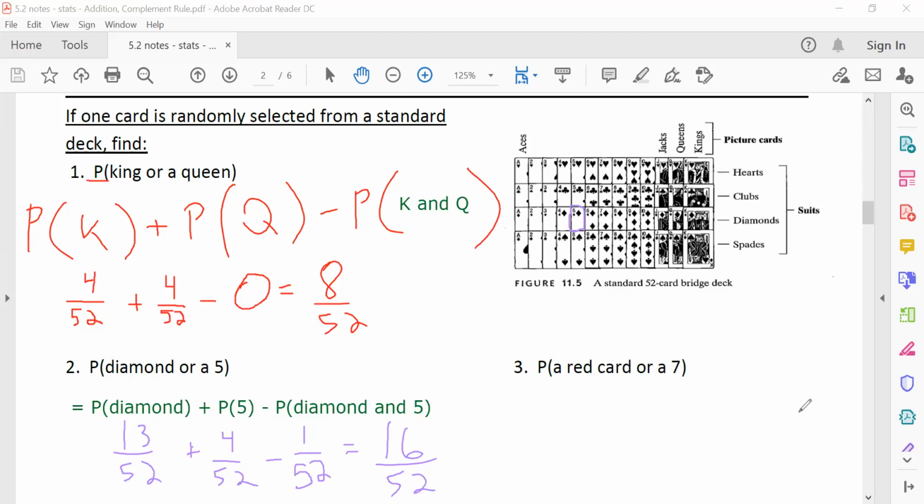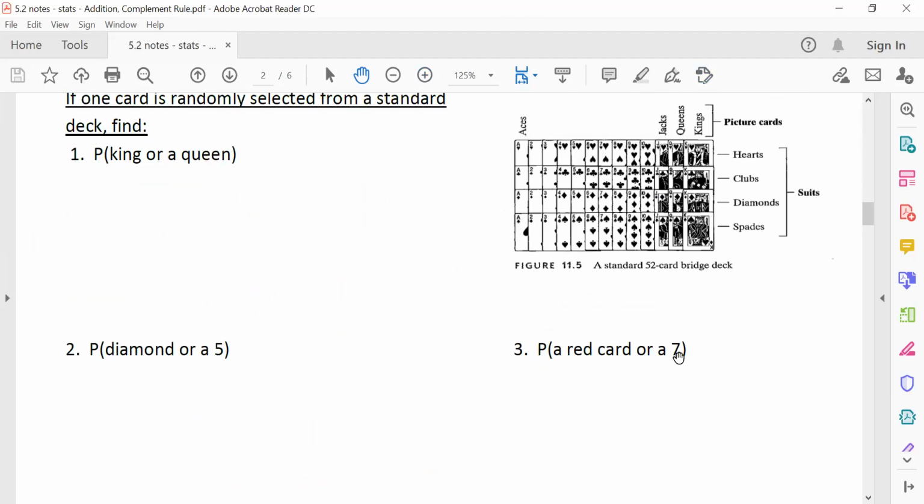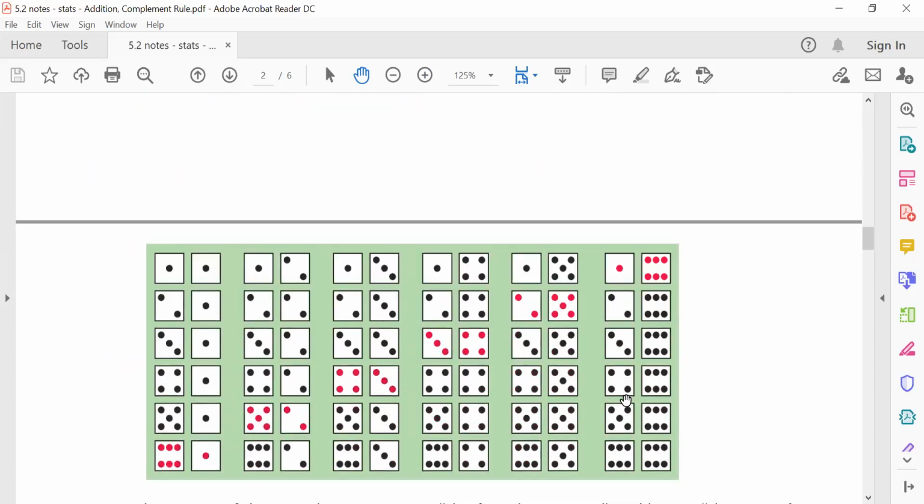The 7 of diamonds and the 7 of hearts. So it'd be 26 over 52 plus 4 over 52 minus 2 over 52. Right. Probability of a red card or a 7.